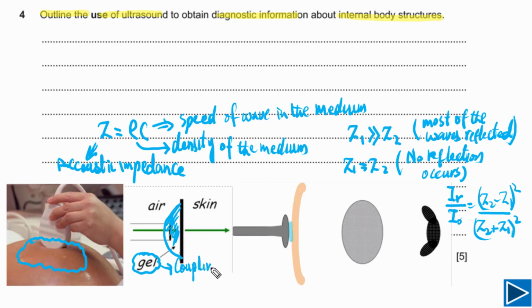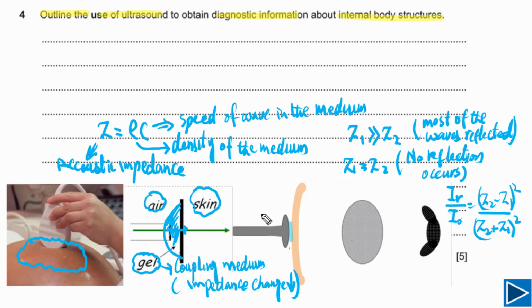It is coupling two different media, I mean, it is coupling air with skin. That's the reason we call this a coupling medium. The purpose of this is to reduce impedance change between the two media. So a very important point to understand.